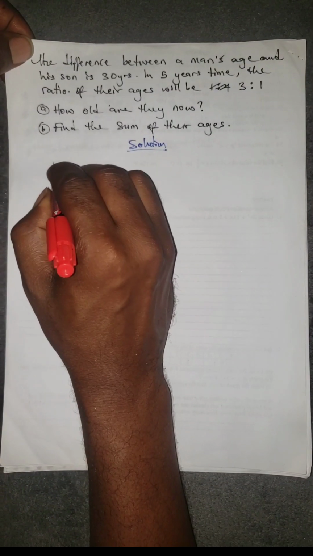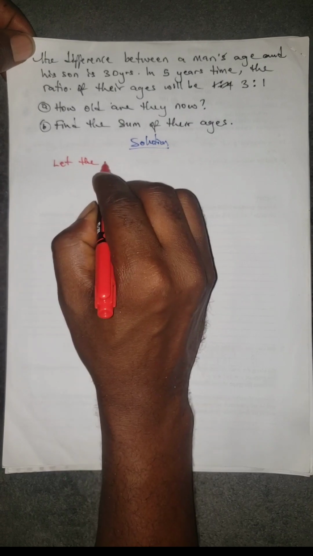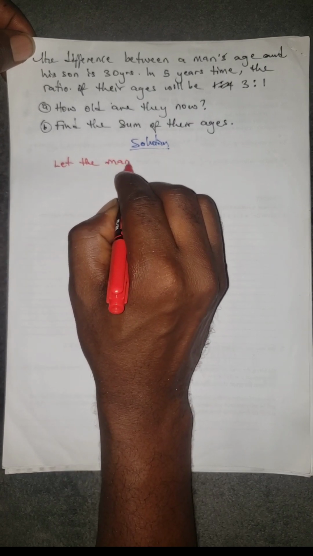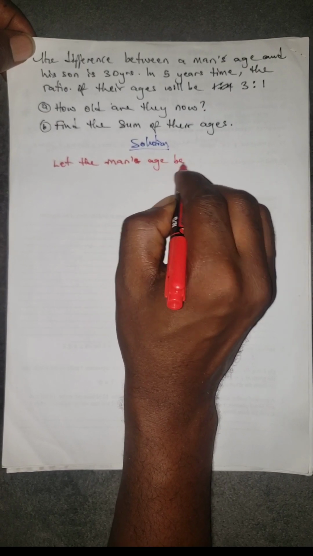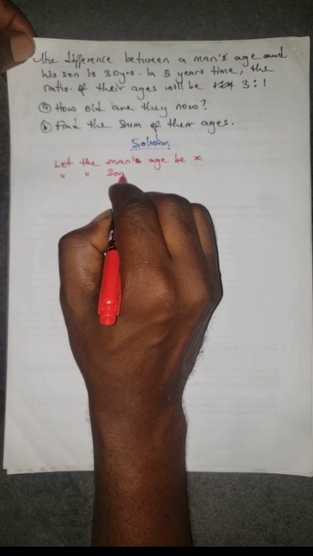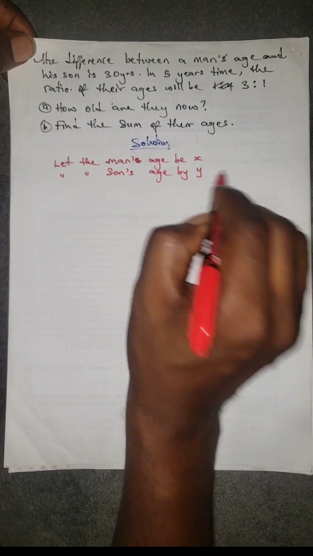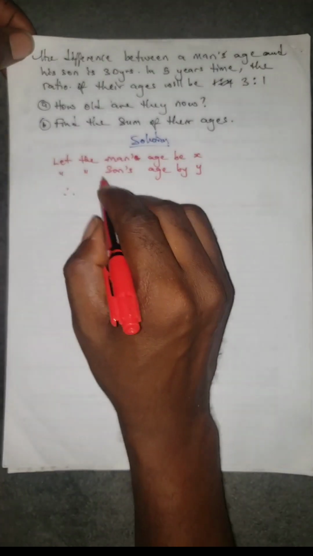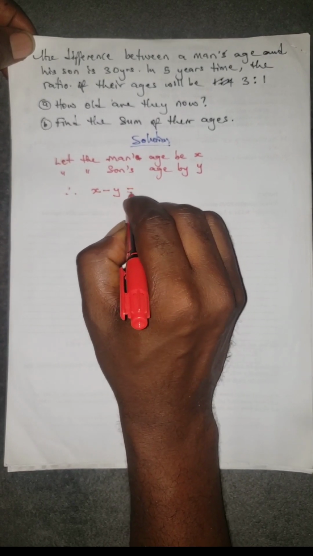So let the man's age be x and let the son's age be y. Therefore, from the first sentence here, it simply means that the man's age minus the son's age will give us 30 years.